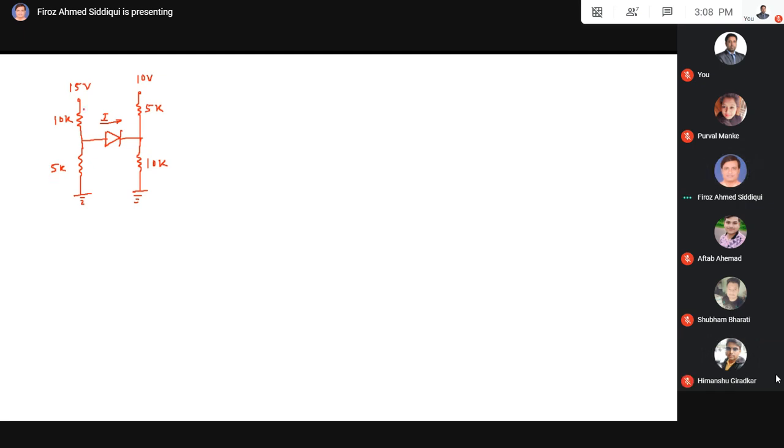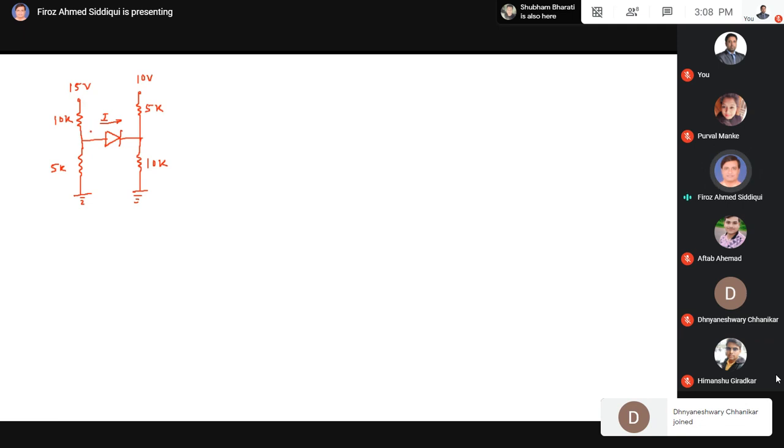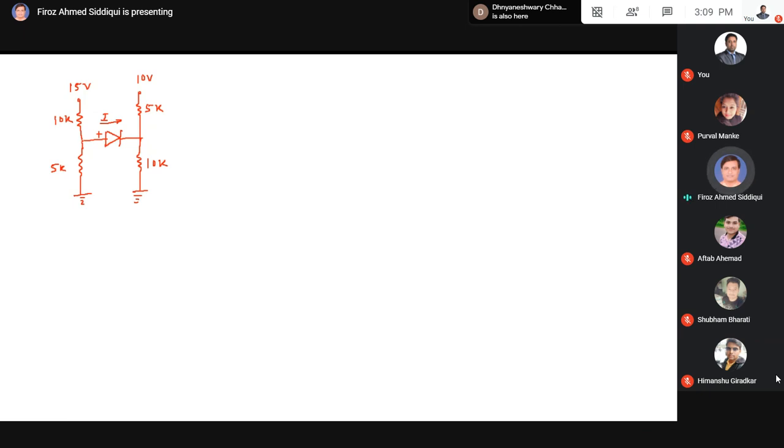Yes, but if you see, the voltage at the positive terminal of the diode is applied through this voltage divider network, and the voltage to the negative terminal of the diode is applied through this voltage divider network.